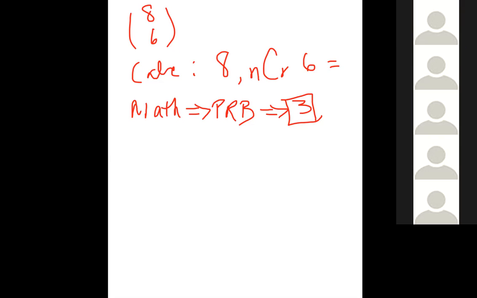You do 8, go to Math, move over to PRB, and move down to number 3, hit enter. It brings you back to the main screen, and then you type in the 6 after it, okay? So basically that first number represents n, and the second number represents r, and you should have gotten your answer of 28.